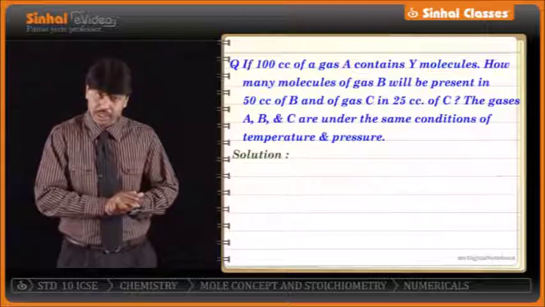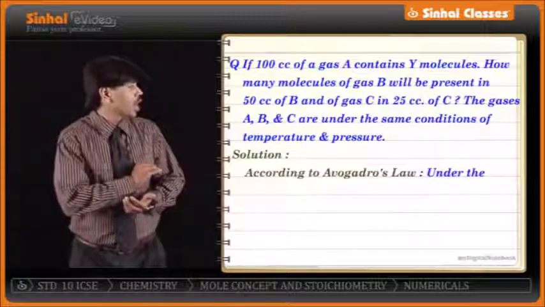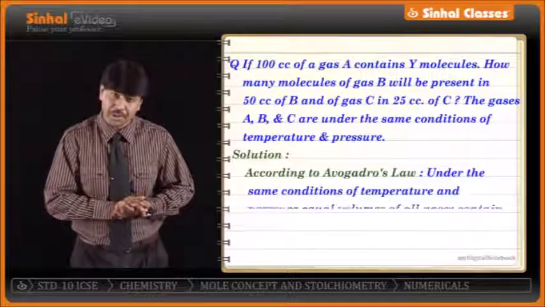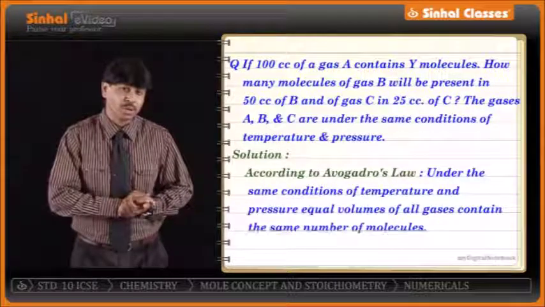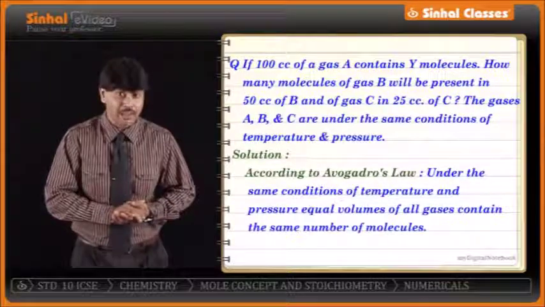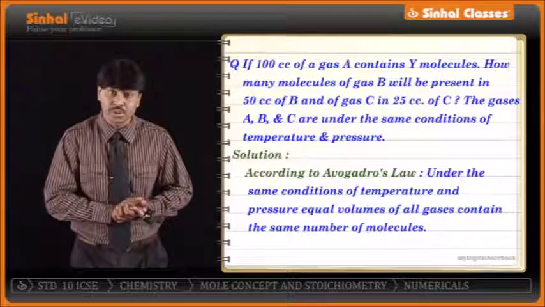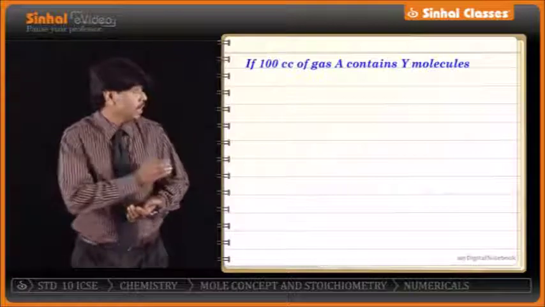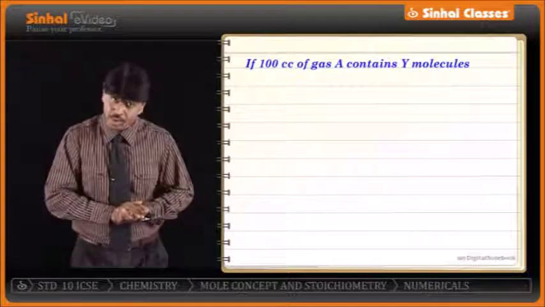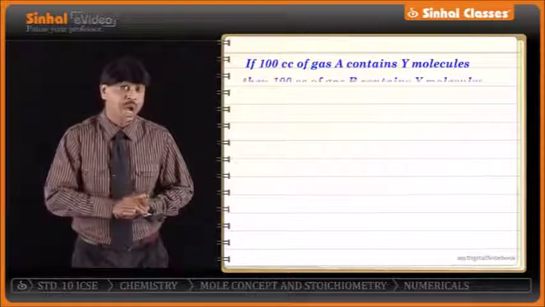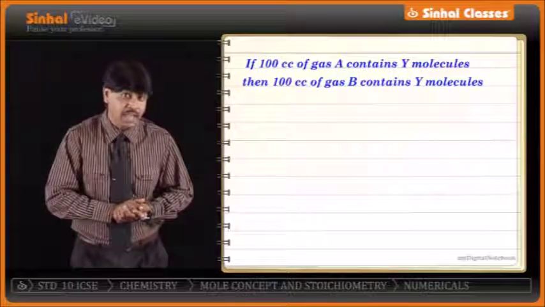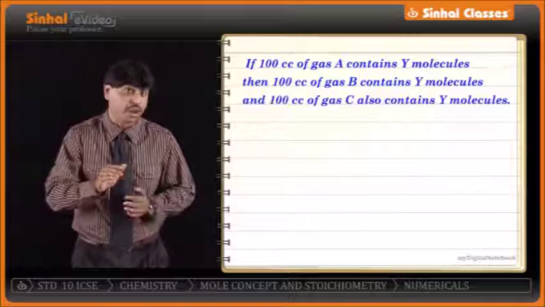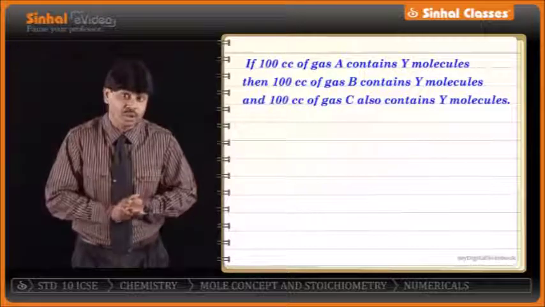The solution for this is, according to Avogadro's law, under the same condition of temperature and pressure, equal volumes of all gases will have the same number of molecules. So, if 100 cc of gas A contains Y molecules, therefore 100 cc of gas B, as well as 100 cc of the gas C, will also contain Y molecules.